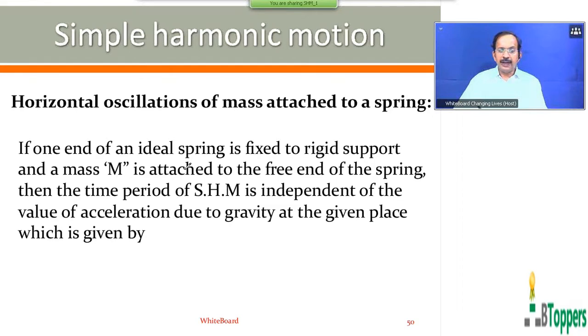The one end of an ideal spring is fixed to a rigid support. The mass M is attached to the free end of the spring. And the time period of simple harmonic motion is independent of the value of acceleration due to gravity at the given place, which is given by T equal to 2 pi root m/k.